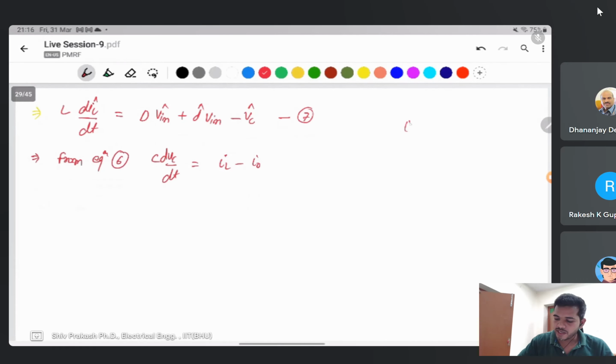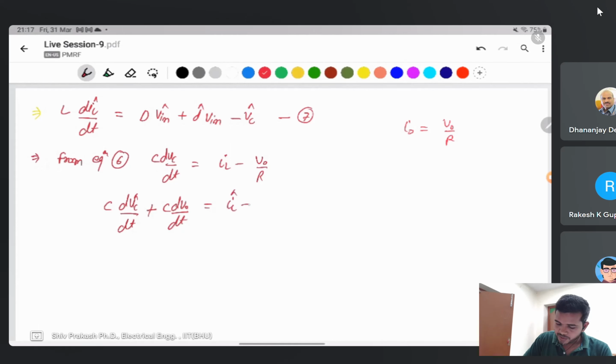I naught can be written as V naught by R, and that's why I wrote V naught by R here. dvc is written as dvc cap divided by dt plus C d V naught, the dvc average.